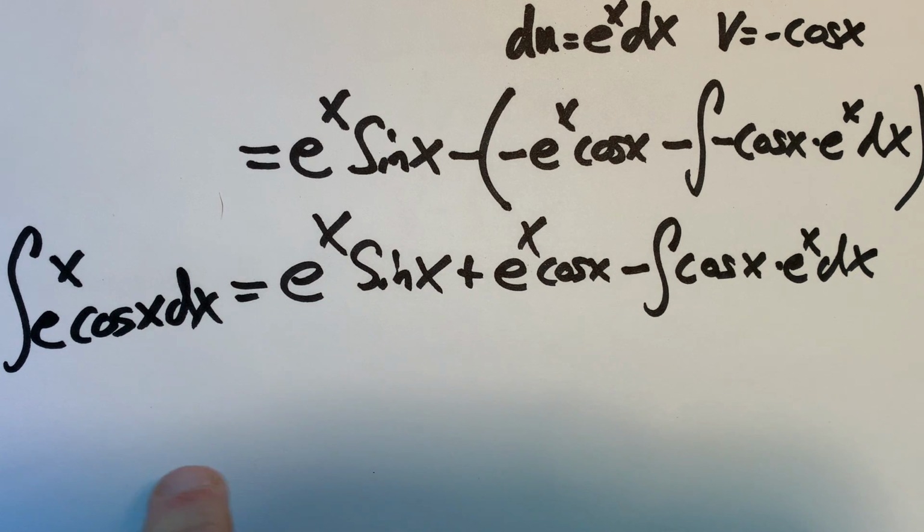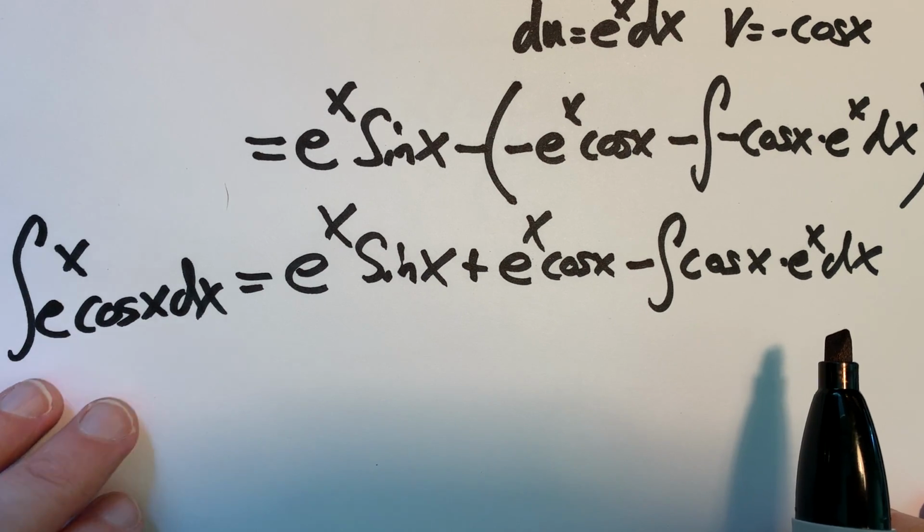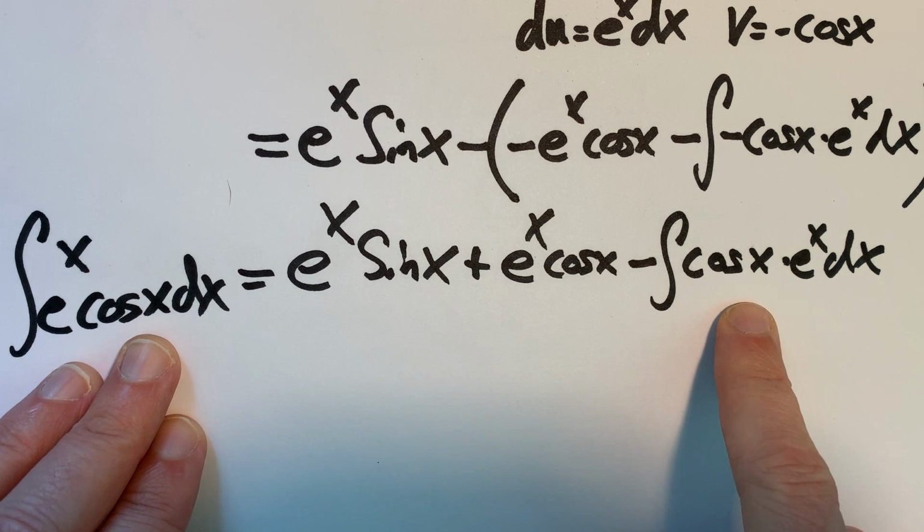And it's just happening because, well, that's just it. e to the x is its own derivative, and cosine is a periodic function, and so if we take the derivative of it, we're getting it back. Okay, but it's still pretty wild, right?